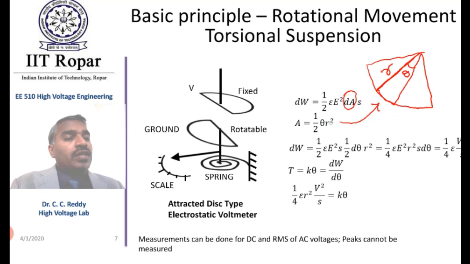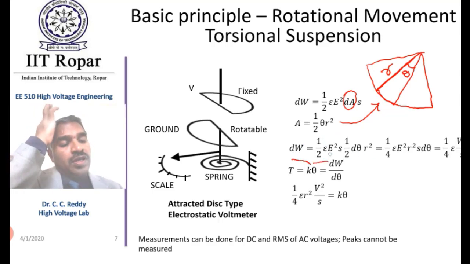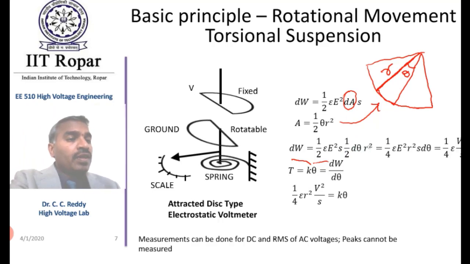So half theta r square is the area. With that, the differential work dW now becomes half epsilon E square S into half d theta r square, for d theta, which is equal to 1 by 4 epsilon E square r square S d theta.